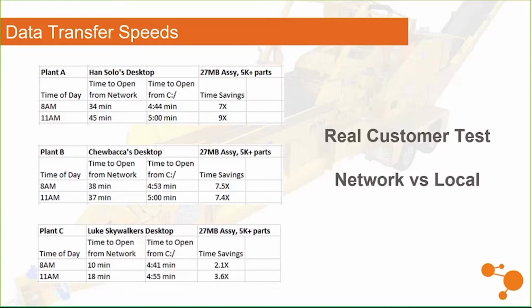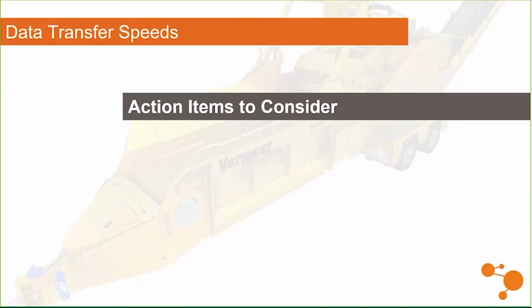But by simply taking the network out of the equation, we could see anywhere from a 2 to 9 times decrease in open time just by getting it to a local machine.